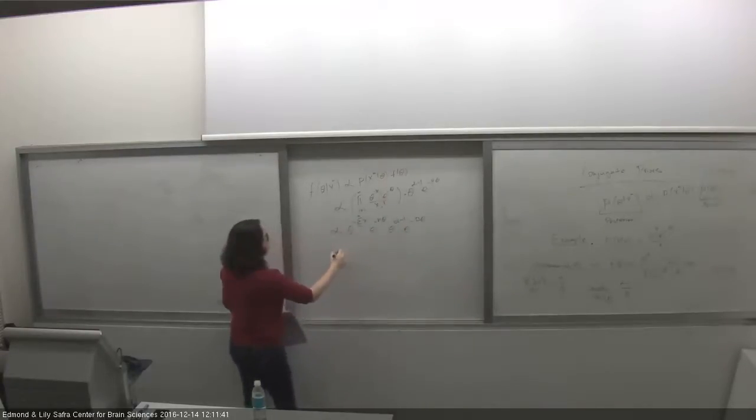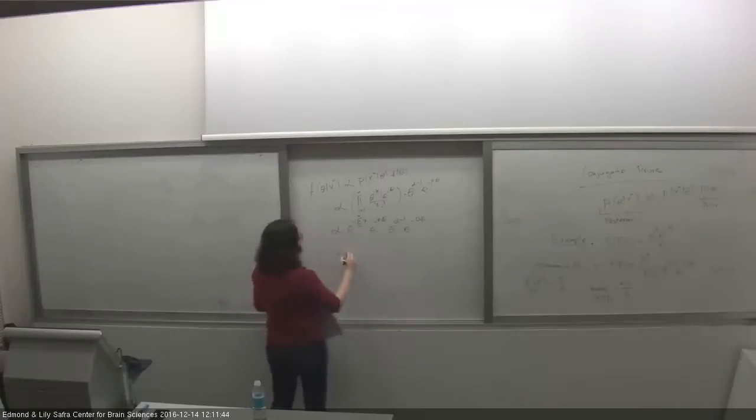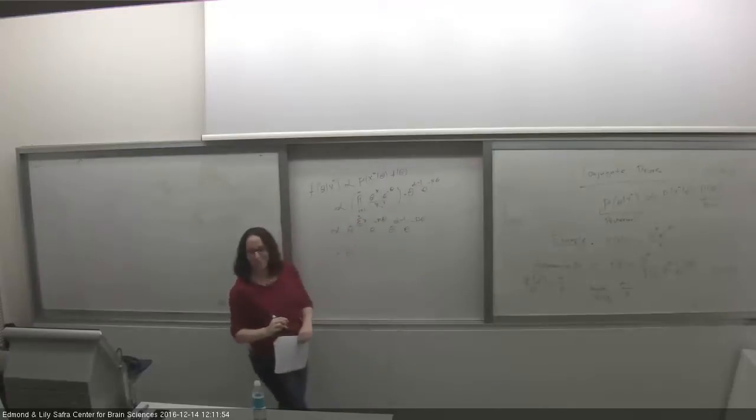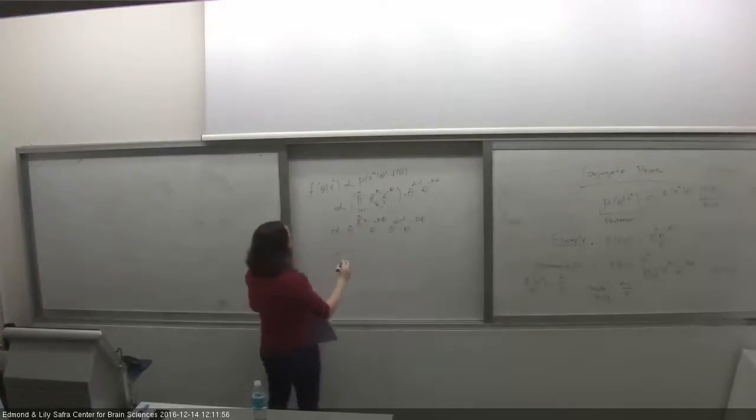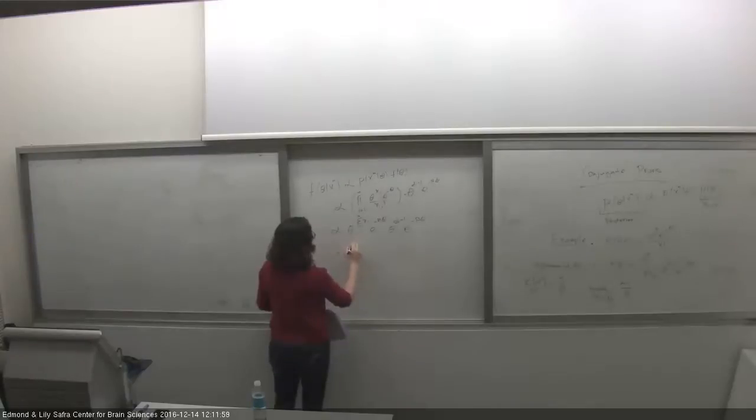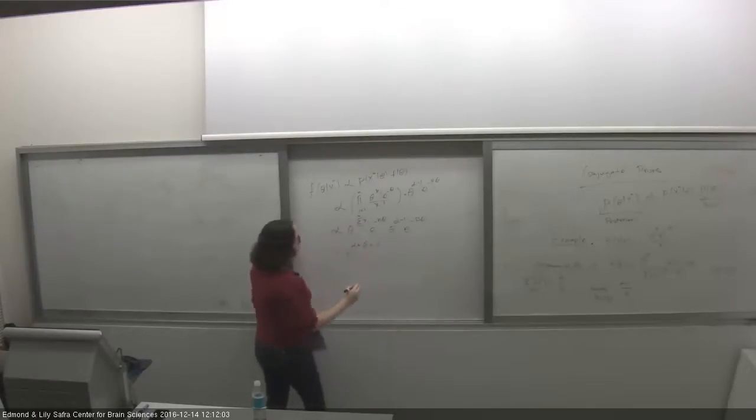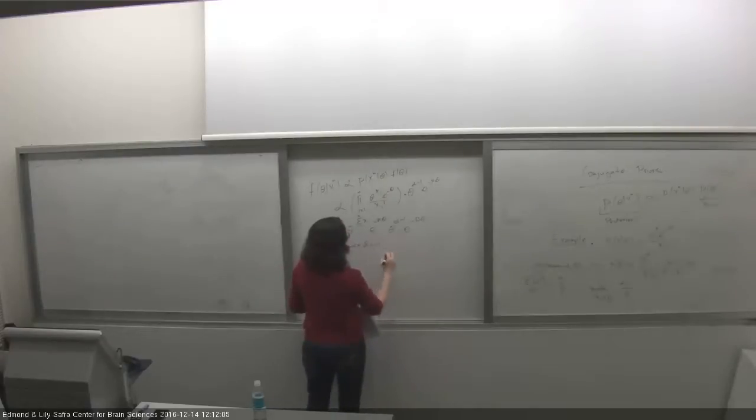Let's reorganize this. We get theta to the power of alpha plus sum xi minus 1, times e to the minus beta plus n times theta.